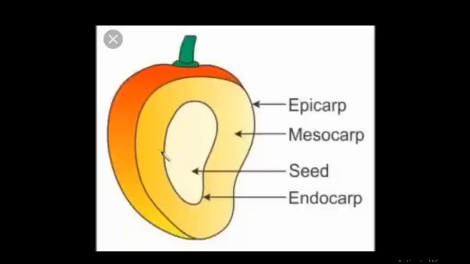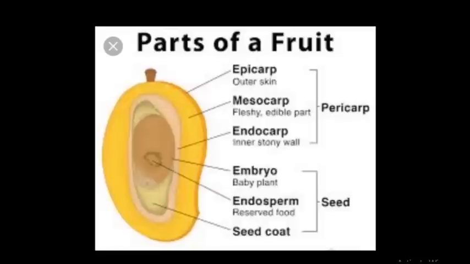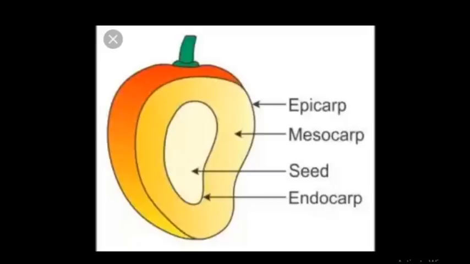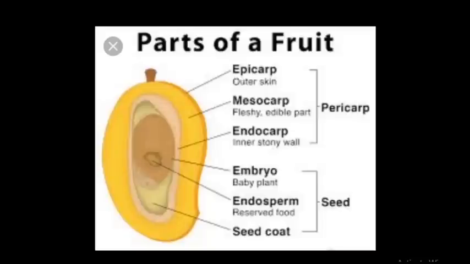So this is the longitudinal cut of a mango seed. We can see another labelled diagram of the parts of the fruit. So this is a ripe mango fruit, and this is the labelled diagram of the seed. So we understand that now.